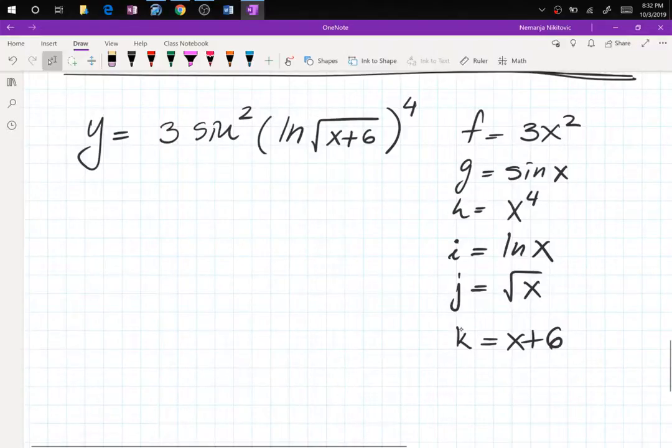Now, there is a hack that you can do because you have ln. You all see the square root? That's an exponent on x plus 6, which is the argument of ln.